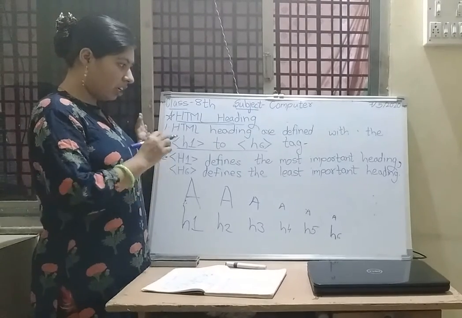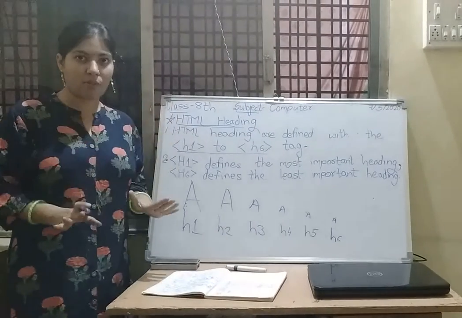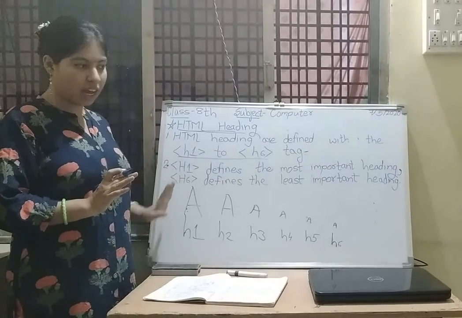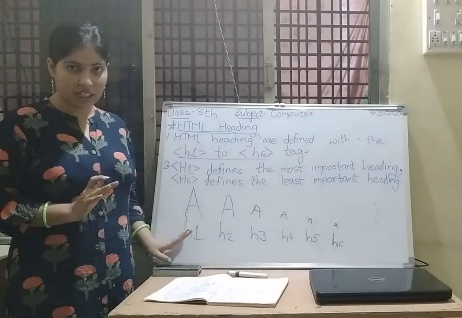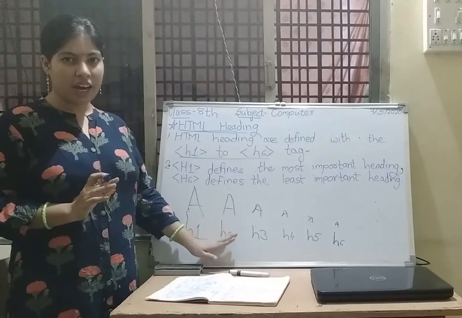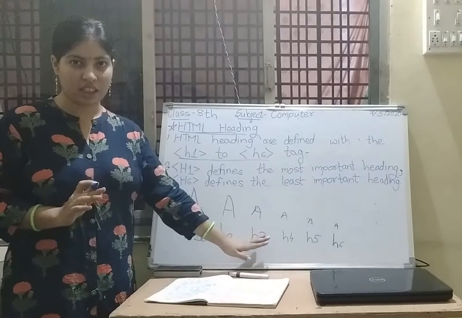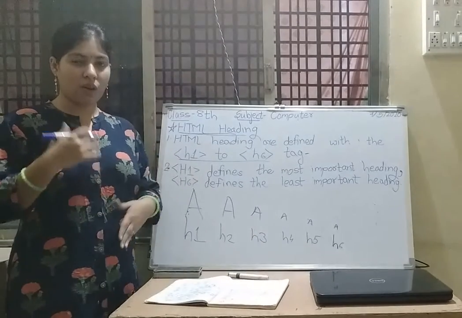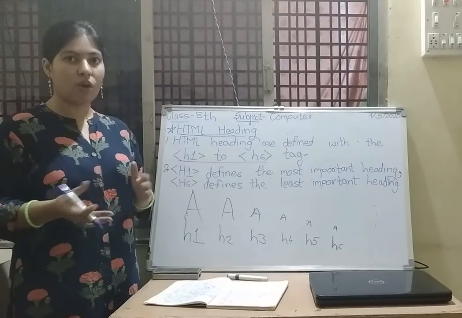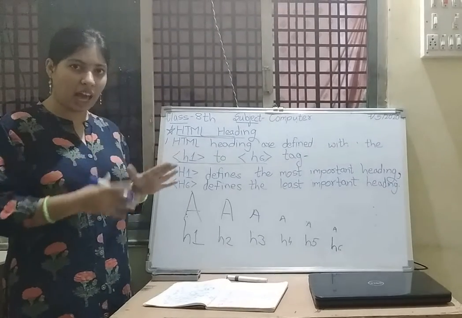So in HTML there are basically 6 forms of heading, and the most important heading is defined with the H1 tag and the least important heading is the H6 tag, and as we use these tags the size of the headings gets smaller in decreasing order. So we are going to see the sample program on this, and after that you will get to know how the heading tag works.